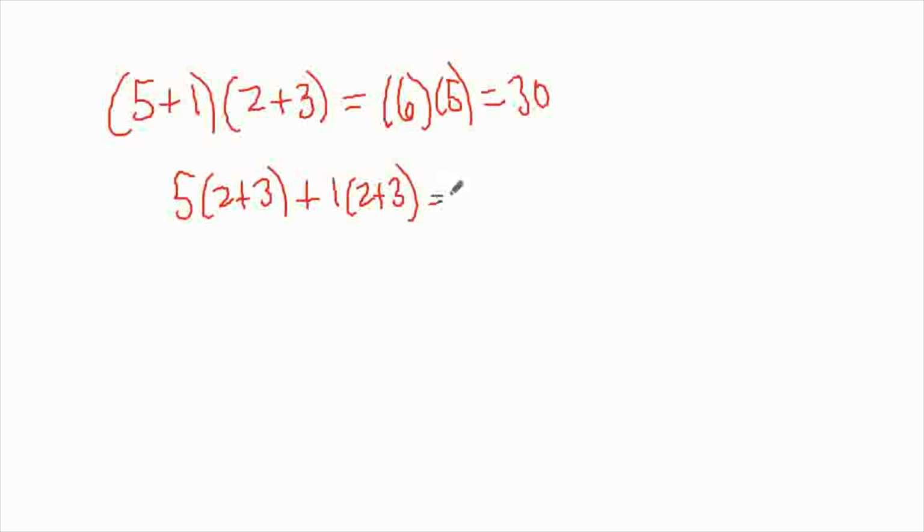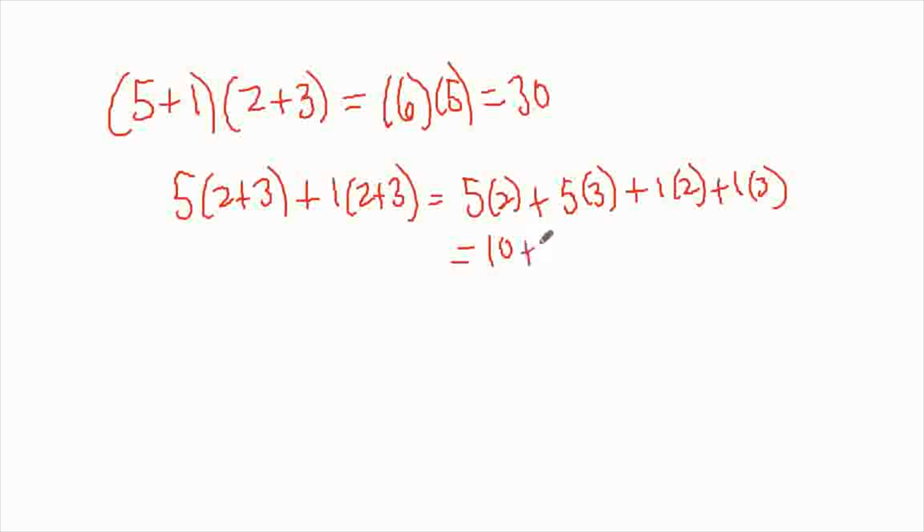We know how to do each of those products. So let's distribute: 5 times 2 plus 5 times 3, and then 1 times 2 plus 1 times 3. Let's work that out: 10 plus 15 plus 2 plus 3, and lo and behold, we get the same answer.